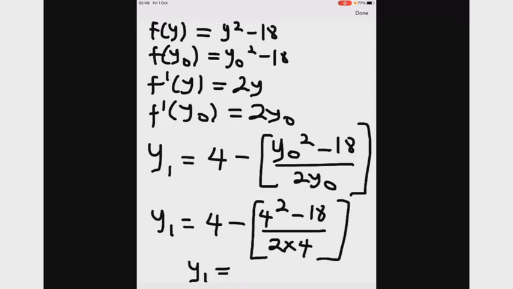I can use a calculator to evaluate the values in the brackets. 4 squared minus 18 over 2 times 4 gives 4 minus 0.25. y1 equals 4.25.